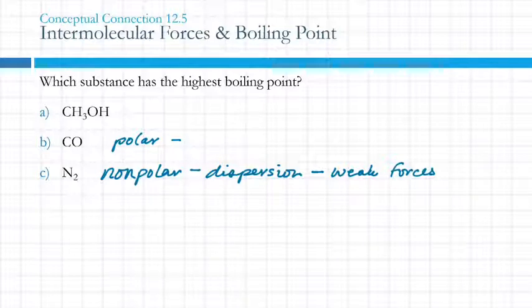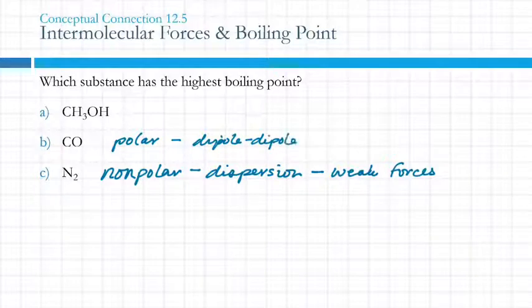It has dispersion forces, but it has something stronger as well. Dipole-dipole forces? This can't have hydrogen bonding because it has no hydrogen, right? If there's no hydrogen, there's absolutely no hydrogen bonding.